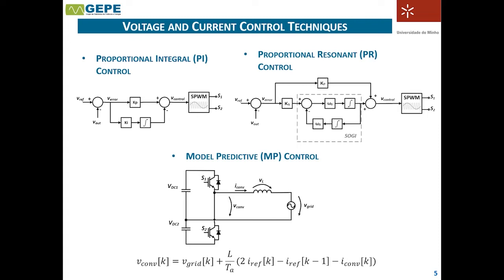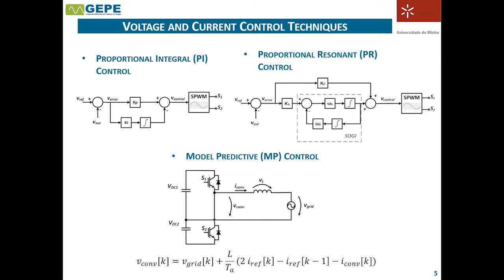Finally, the model predictive control is presented. This control technique is based on the electrical model of the system, predicting the future behavior of the controlled variables, taking advantage of the finite number of possible switching states for a power converter, such as VSI.